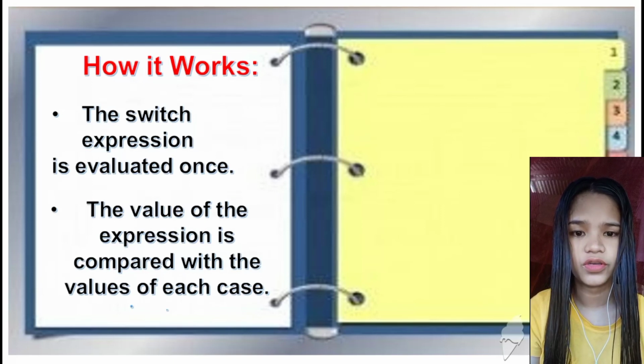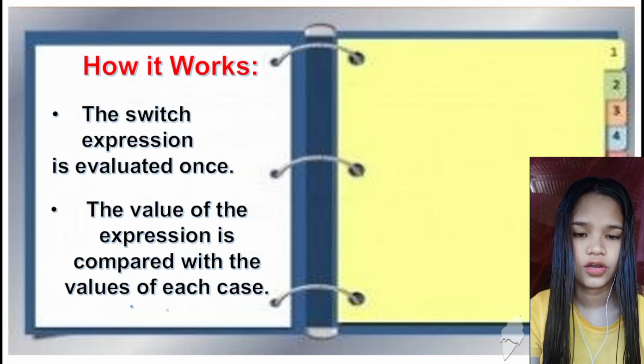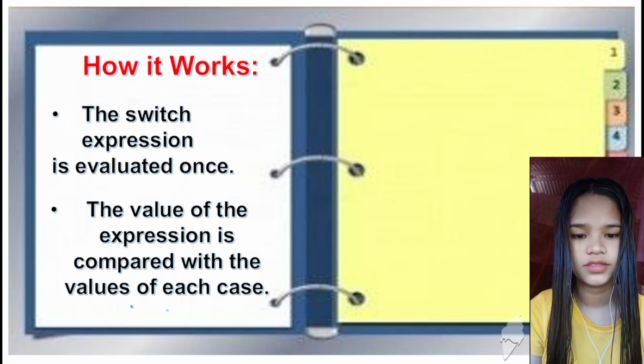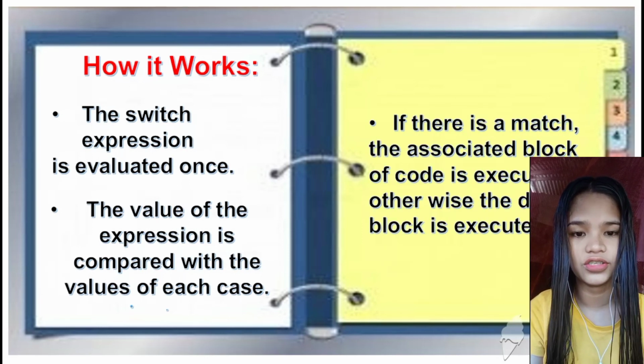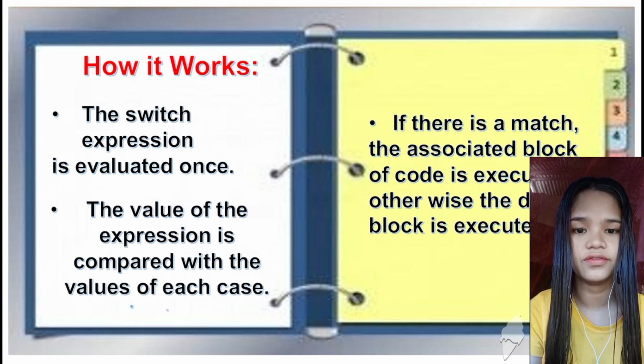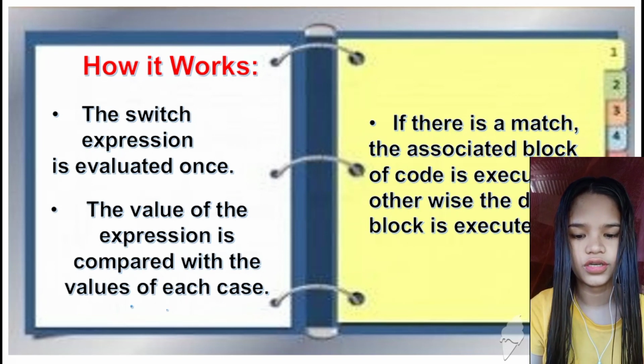So, kung unsa imong expression, ma-compare jud siya kung unsa ang imong case. Next is, if there is a match, the associated block of code is executed. Otherwise, the default block is executed. So, ako na siyang i-explain later sa akong example.